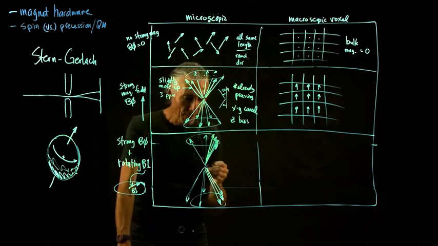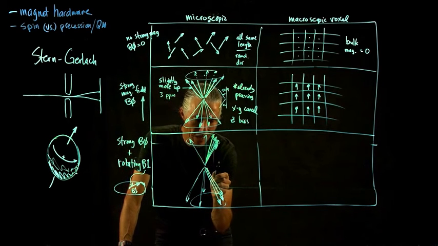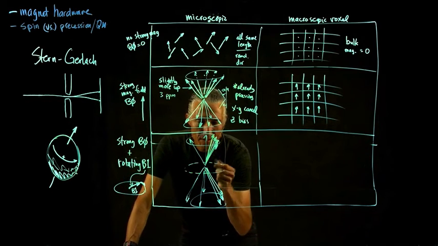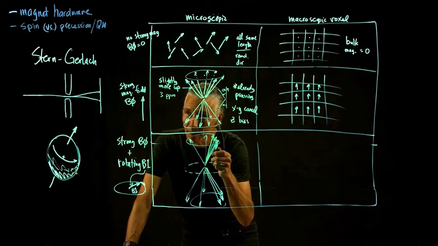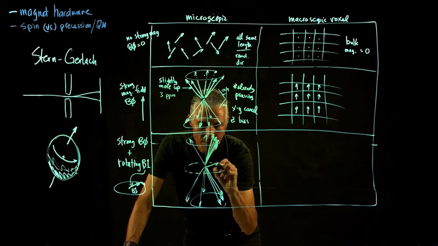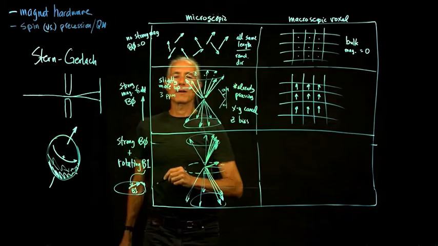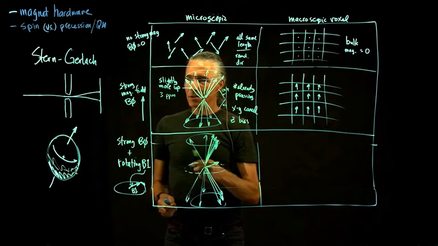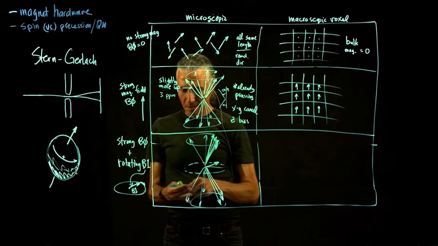But if you add them all up, what are you going to get? Well, if this is a plane here, say there's more in the up direction, you'll end up with a resultant vector that's slightly lifted off the plane. And that resultant vector is precessing.